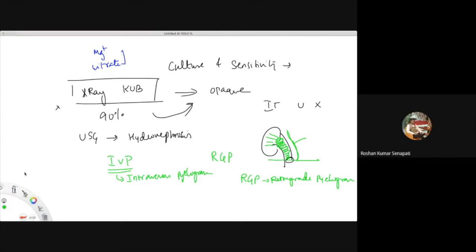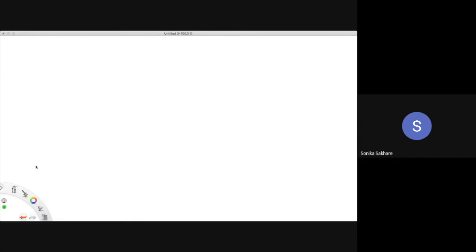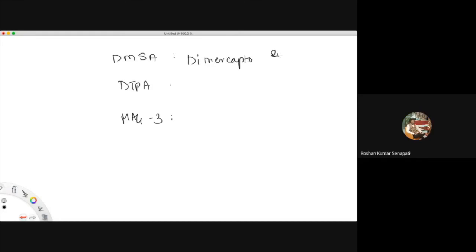Then there are two more additional special scans that have been mentioned. You must have heard of the DMSA scan, the DTPA scan, the MAG3 scan. I'm just mentioning them here because we are running out of time for this class. This is part one, we'll continue in part two. DMSA stands for dimercaptosuccinic acid scan.